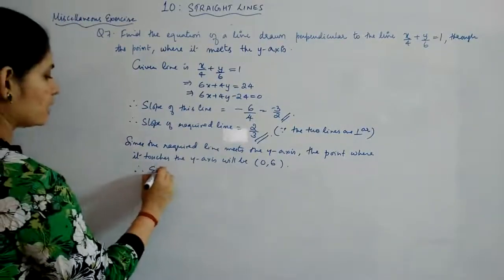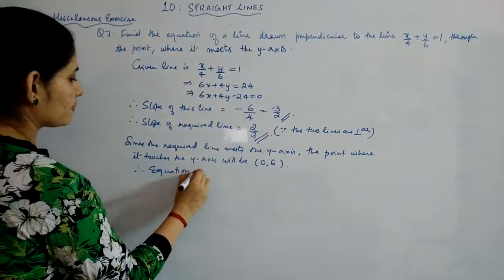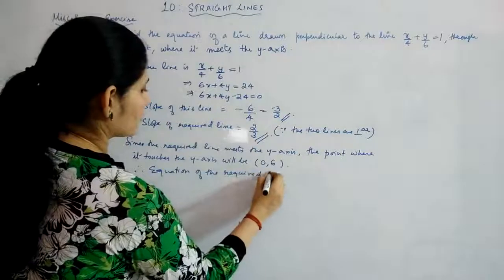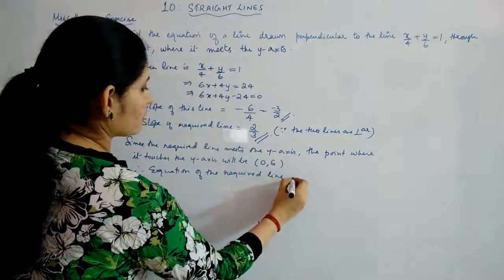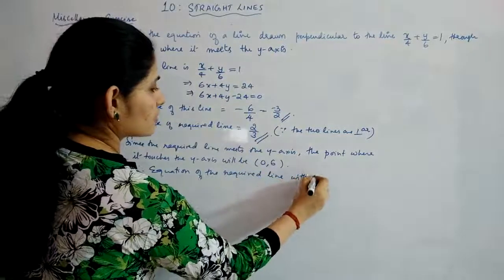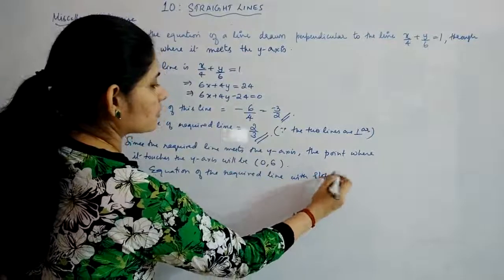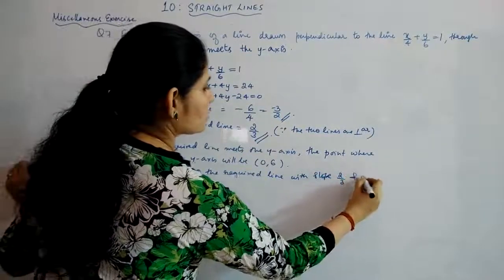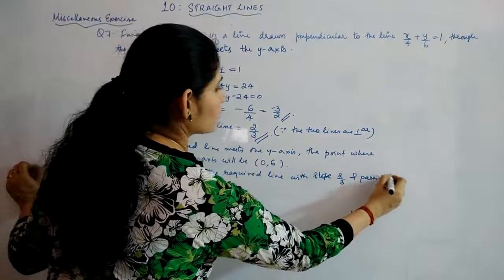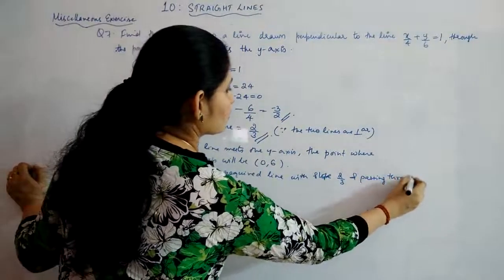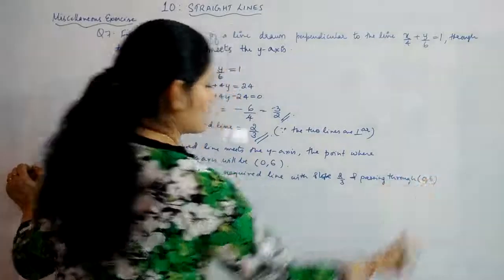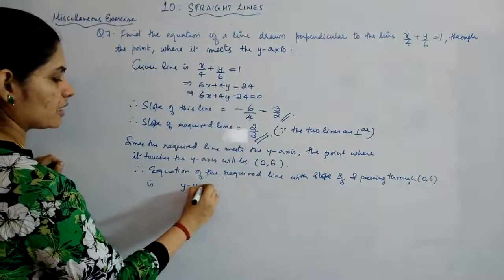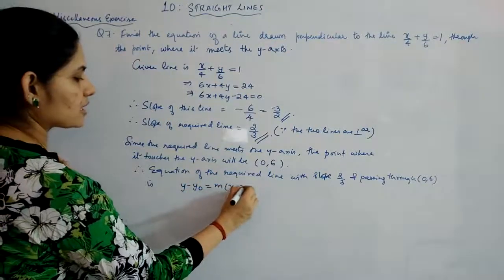Therefore the equation of the required line with slope 2 by 3 and passing through the point 0 comma 6 is, what is the formula? y minus y naught equal to m into x minus x naught.